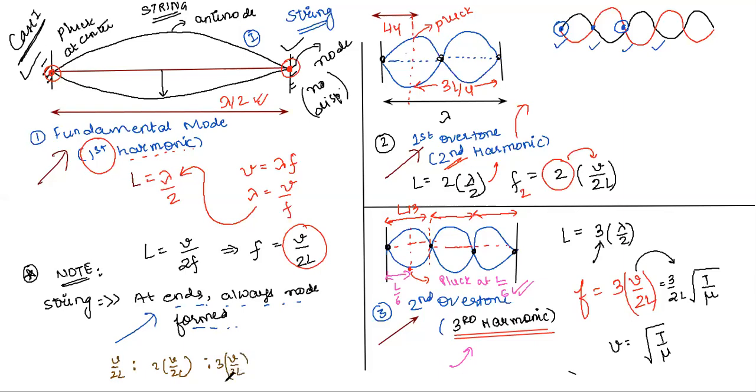So these were the ratios of frequencies, F1 is to F2 is to F3, and so on. What does this ratio come out to be in case of a string? Yes, Atul, it is equal to 1 is to 2 is to 3 is to 4, and so on. Correct. So this is the ratio of frequencies. Please take this down, class, in case of a string.